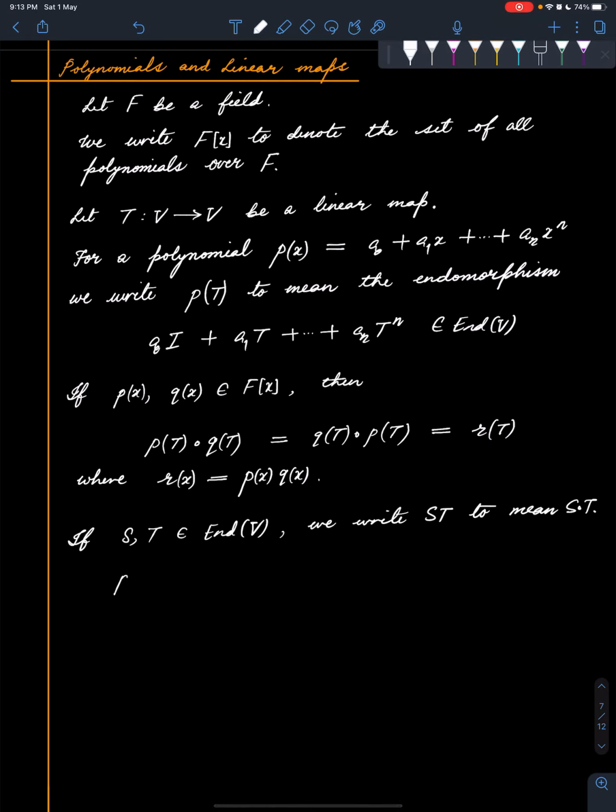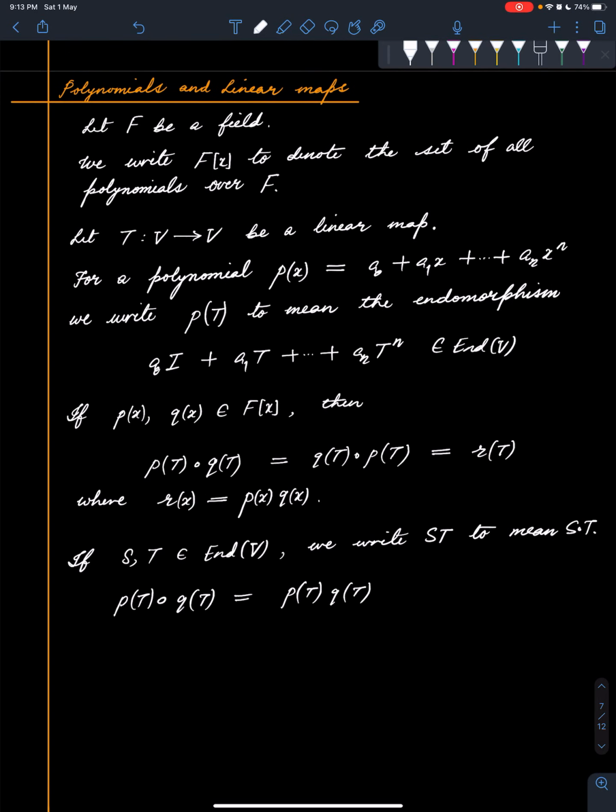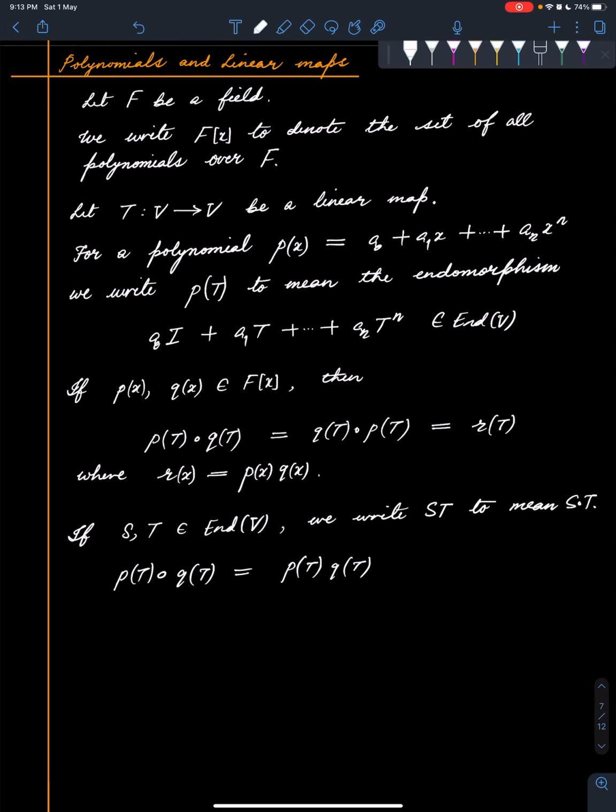So p(T) composed with q(T) may be written as just p(T)q(T). There's nothing very interesting going on here. Okay, so just very simple notational things.